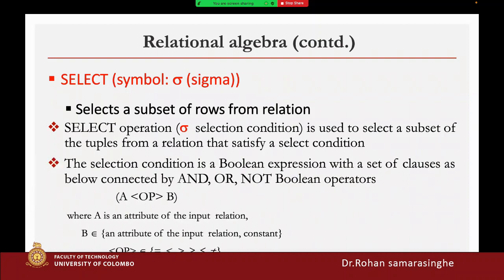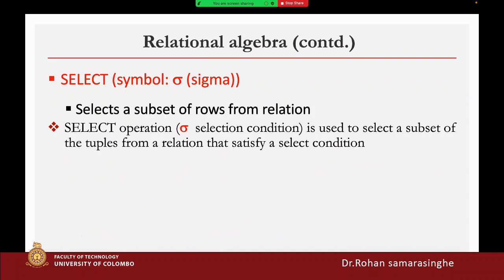The selection condition is a Boolean operation with a set of clauses connected by AND, OR, or NOT. Each clause is A OP B, where A is an attribute of the input relation and B is a constant or an attribute of the input relation. Actually, this is also an explanation of the same thing.